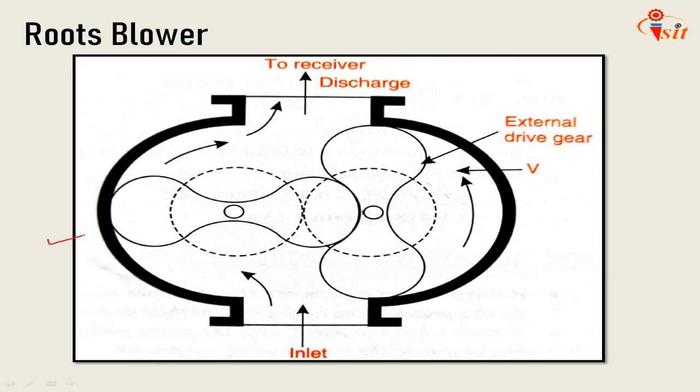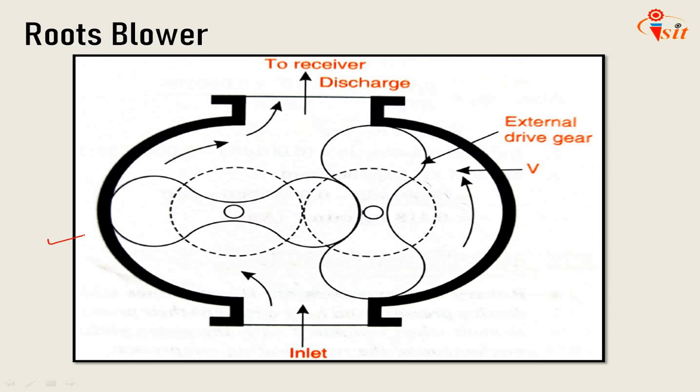As each side of each lobe faces its side of the casing, a volume of gas V at pressure P1 is trapped. Further rotation of the rotor opens this volume to the receiver and the gas flows back from the receiver, since this gas is at a higher pressure.